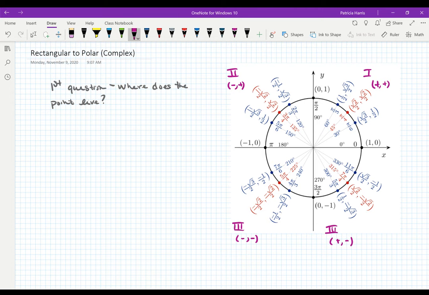So we're going to convert the rectangular complex number 5 radical 2 over 2 minus 5 radical 2 over 2i. If I were going to graph this, the real part of the complex number is positive, and the imaginary part of the number is negative.